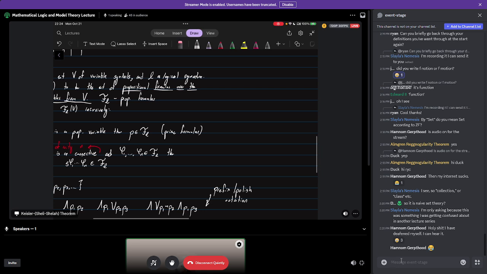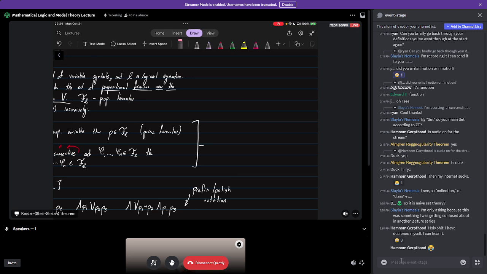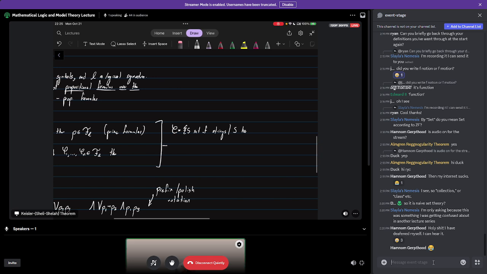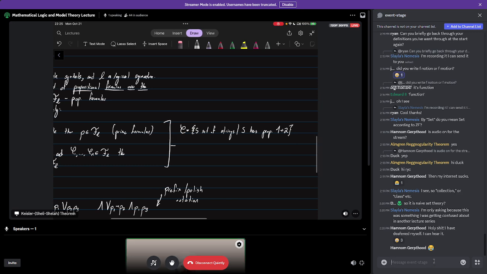What we're going to do is look at all the sets. Here's a little side note. We define C to be all the sets S, S a set of strings, such that S has properties 1 and 2. So we have a collection of sets of strings.